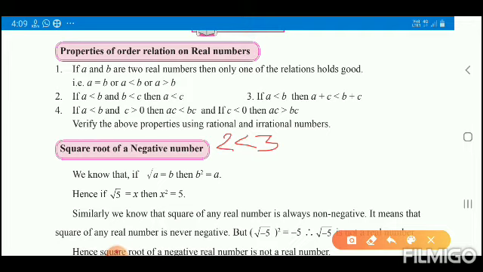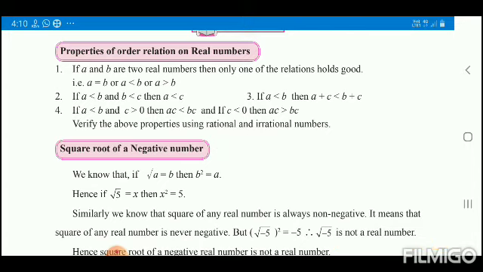You should not take any negative value. So we will take c is equal to 5. Any number you can take. Now we will see the values of ac and bc. Here, ac will be 5 twos are 10, and bc is 5 threes are 15. So ac is less than bc. Do you understand this first property?